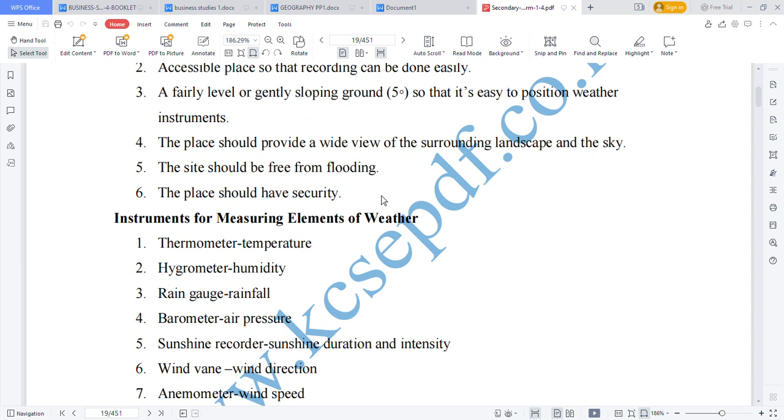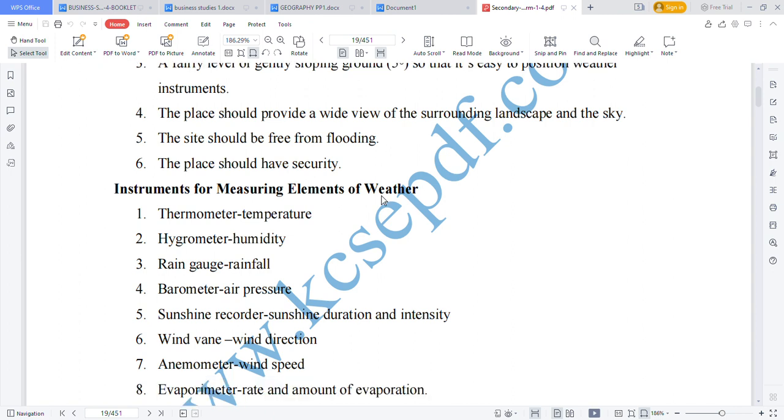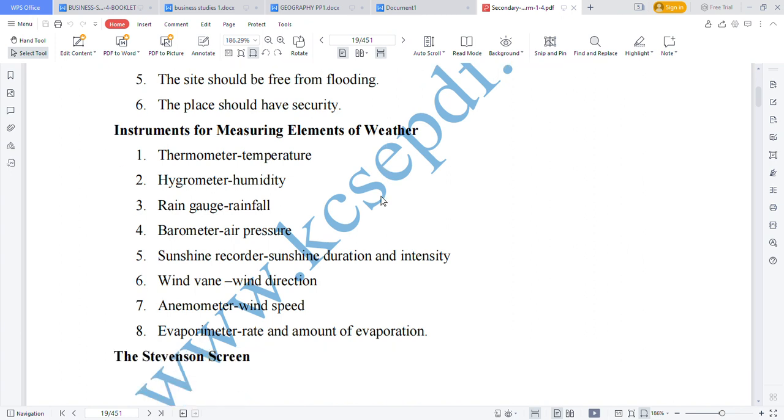Number 5, the site should be free from flooding. Number 6, the place should have security, which is a factor that must be considered when setting up a weather station.